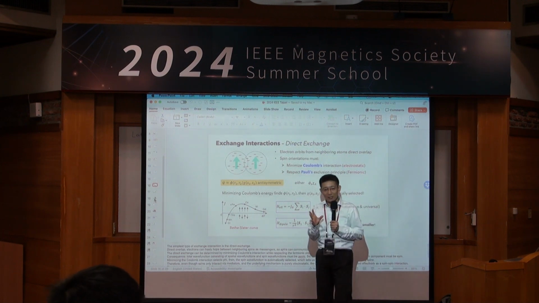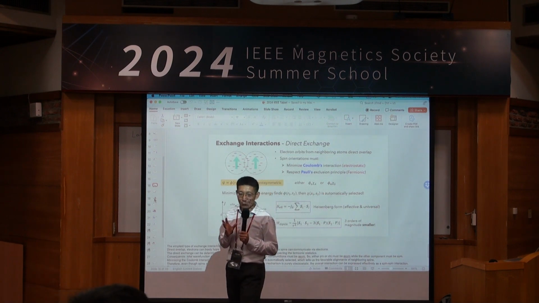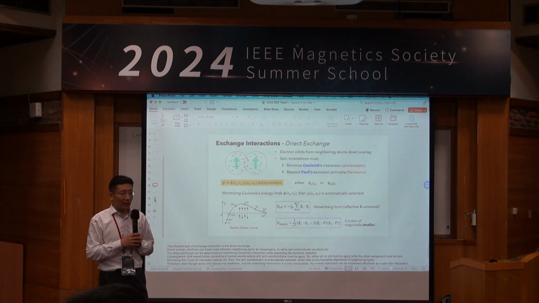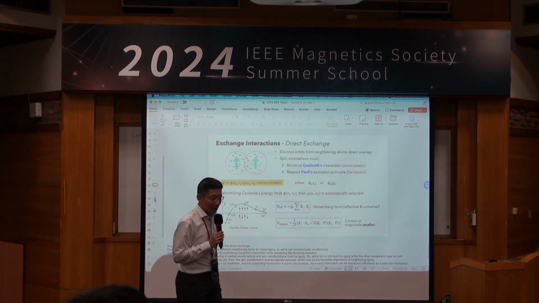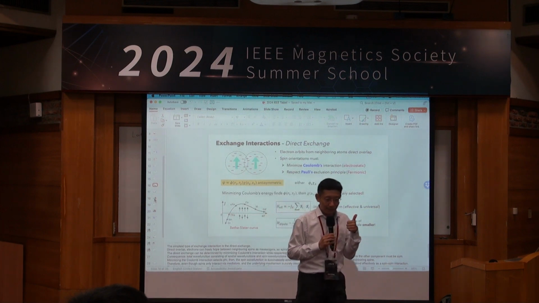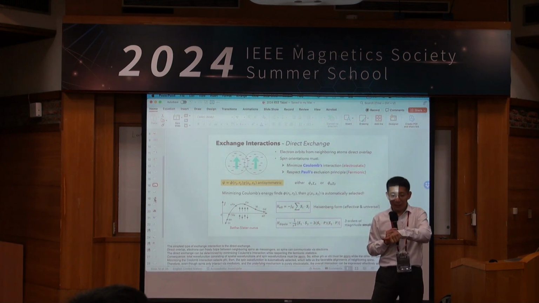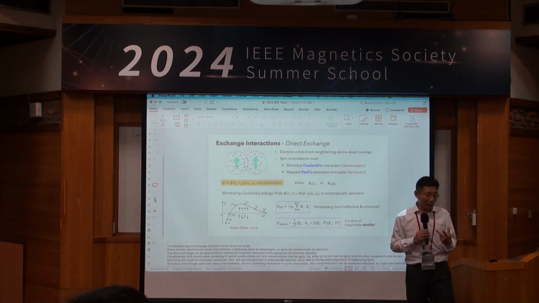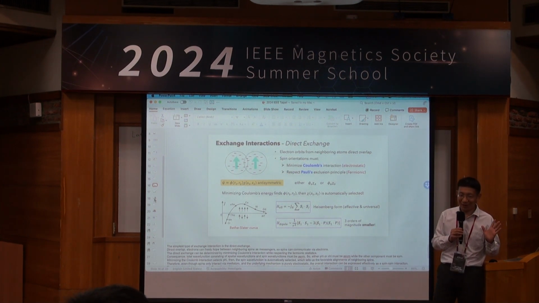And the electrostatic field could be way stronger than the magnetic or spin-spin interaction. And we have a heuristic understanding. For example, in the electromagnetic wave, the electric field component is larger than the magnetic component by the speed of light. And that is a very large number. So, this is a heuristic, non-rigorous understanding.